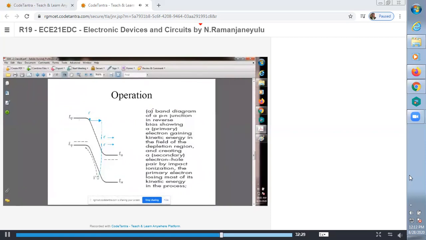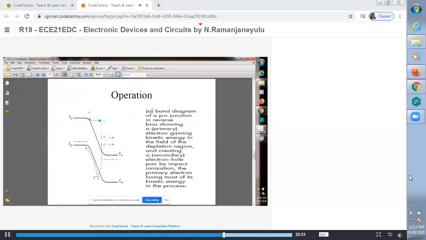Due to the high electric field, if at least one electron acquires sufficient kinetic energy, it moves fast towards the depletion region and breaks some covalent bonds. Whenever it breaks covalent bonds, one electron hole pair is created.